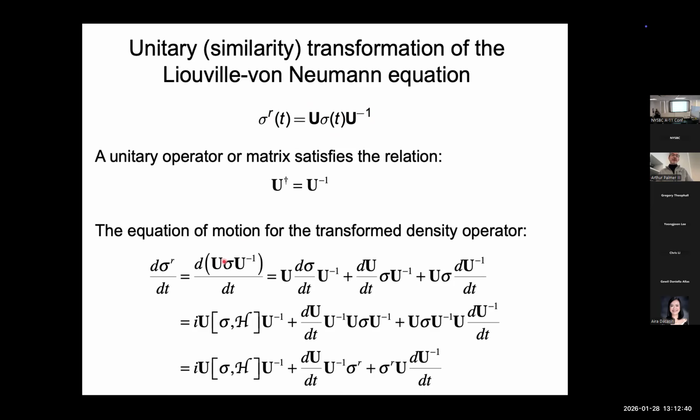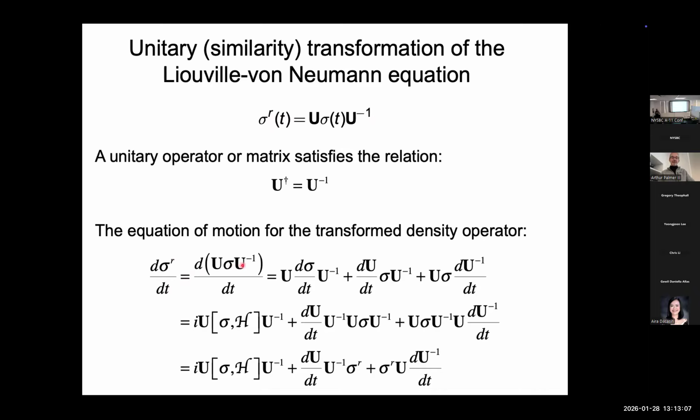But then we can ask what the time dependence of the new operator is in the new frame just by applying the rules of calculus. So if I want to know what the time derivative of the density operator is in the new frame, this little r here is to indicate that I'm thinking in solution NMR about the rotating frame, but it's just some arbitrary new frame.